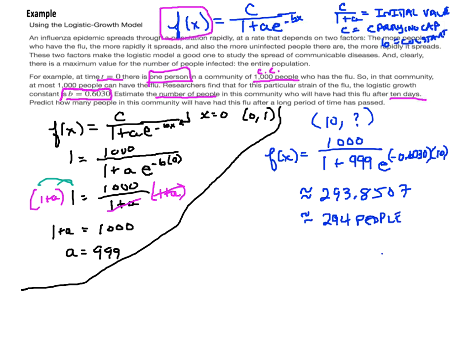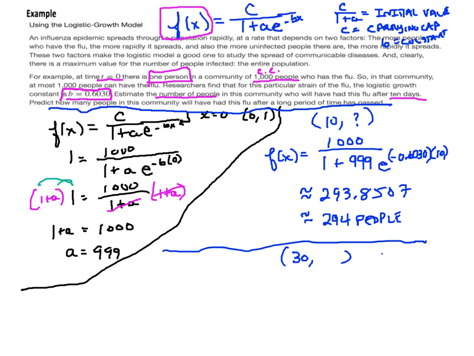Now, they also said, well, predict how many people in this community will have had this flu after a longer period of time has passed. So I just chose an amount. I was like, well, what about 1 month? We'll use 30 days. And I was surprised. So f of x equal to 1,000 divided by 1 plus 999, e raised to the negative 0.6030 times 30.